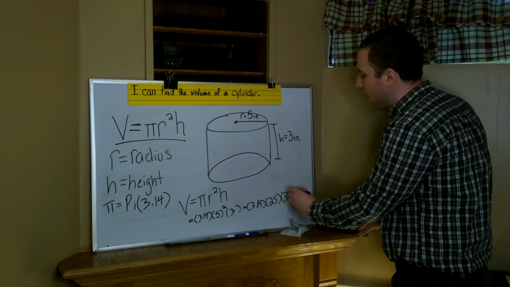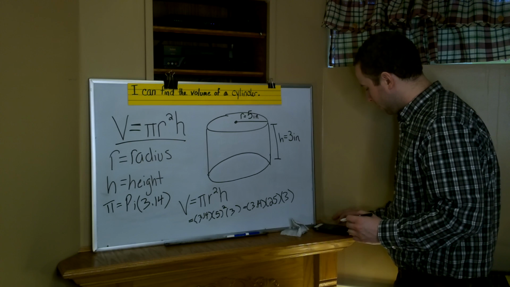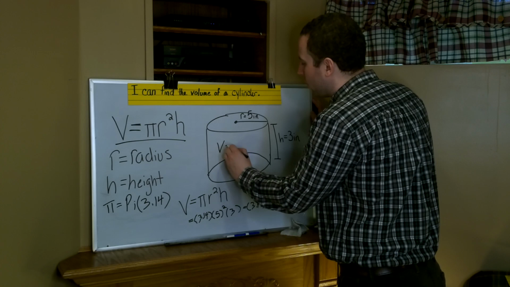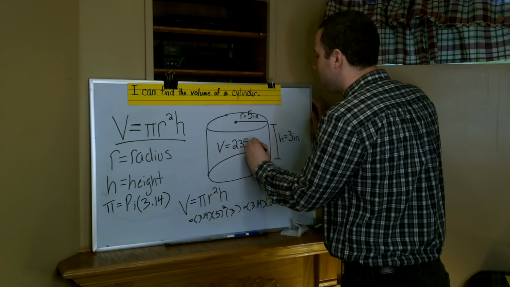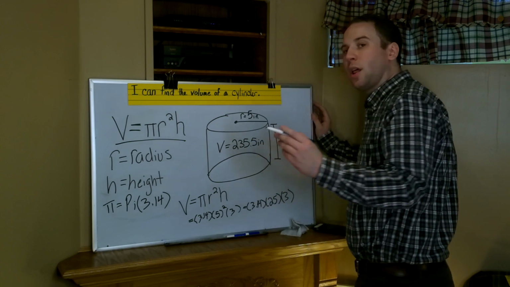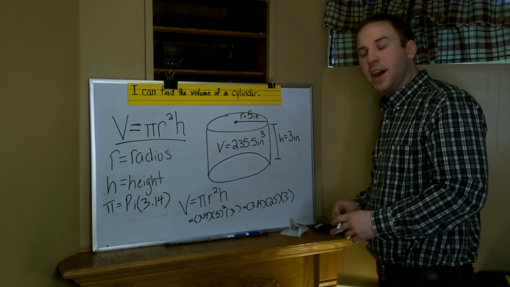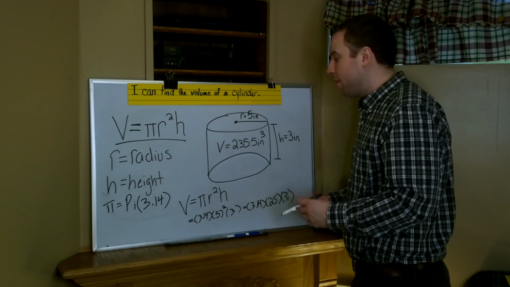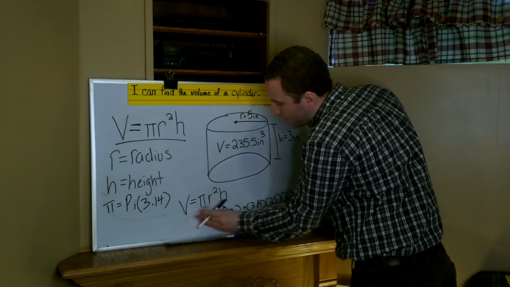So if we multiply these 3 units, our volume for this cylinder would be 235.5 inches. Now remember class, with volume, you always want to make it cubed for your final answer. So, the volume is 235.5 inches cubed. Very good. Let's look at another one, shall we?